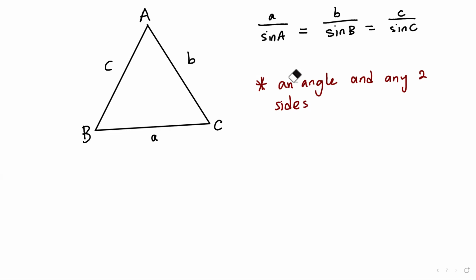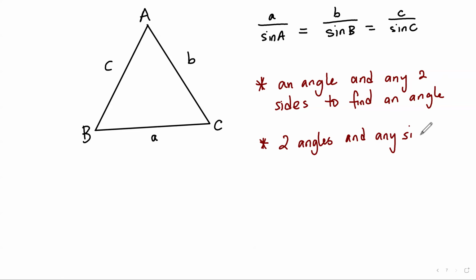So you're given one angle and any two sides, right? So I should literally write that: to find a missing angle, another angle, right? Or you can use it to find an unknown side when you have two angles and any side.